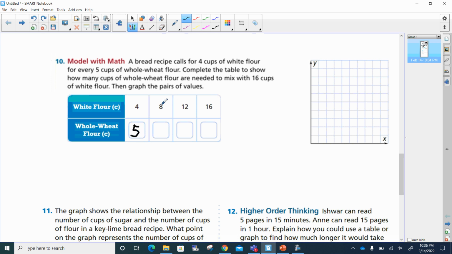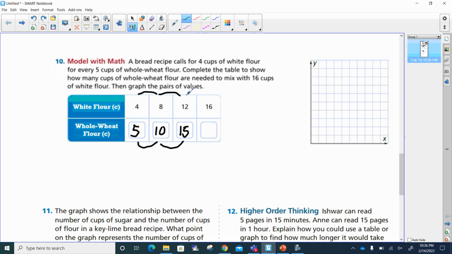That means for every 8 cups, we're doubling this, multiplying it by 2, so we multiply this by 2, and that's going to be 10. And actually, it looks like we added 4 here, so we're adding 4 over here, and we've been adding 5 here, so we're going to have to add 5 here, so that'd be 15.